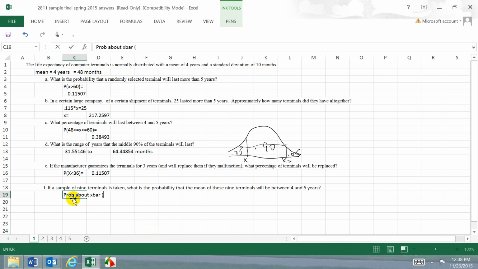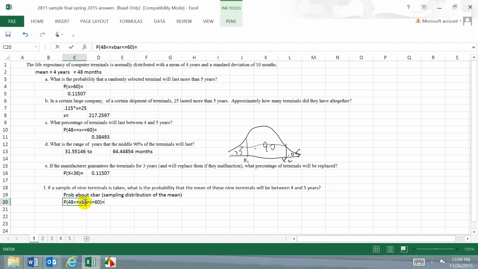Remember, that's the sampling distribution of the mean. So we're saying what is the probability, not that x is between 4 years and 5 years like we did before, but the probability that x bar is between 4 years, which is 48 months, and x bar less than or equal to 5 years.